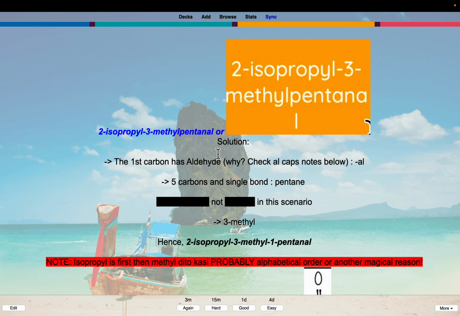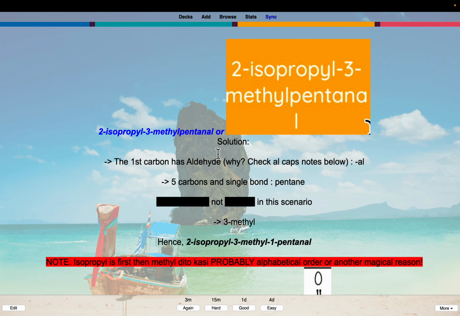Note that isopropyl is first then. Okay, so how do you know if this is the correct arrangement? You can see that it's 3-methyl 2-isopropyl instead of the one here. What does the note say? Another magical reason.